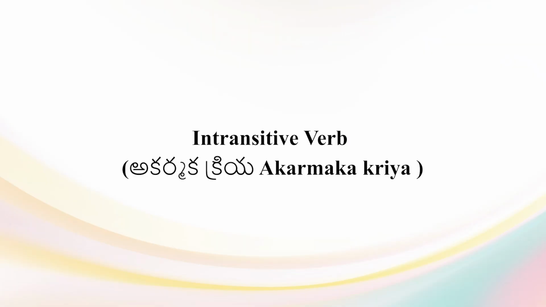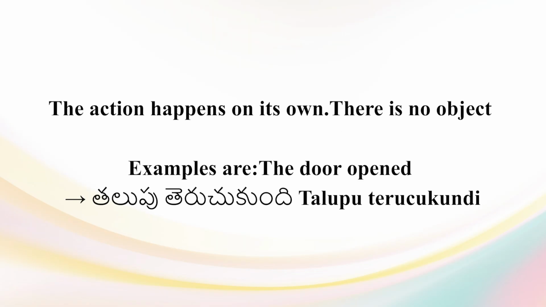Yes, dear learners, let us continue and observe deeply one more time. I am going to explain what intransitive and transitive verbs are. Intransitive verb means akarmaka kriya. The action happens on its own. There is no object. Example, the door opened, which means talupu terachukundi.